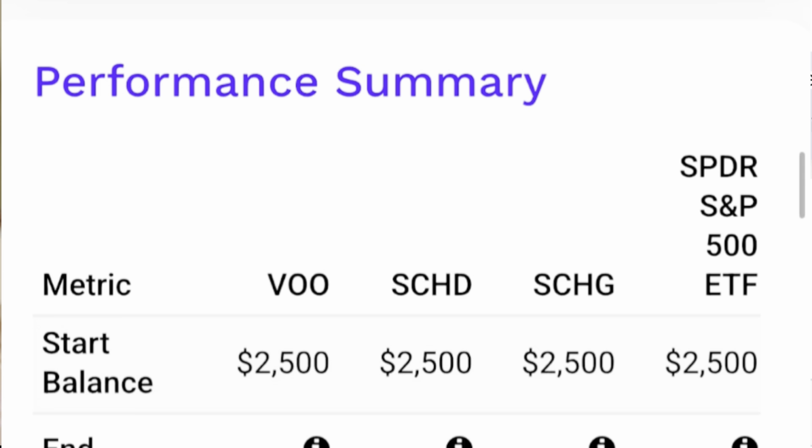And a third person says, okay, I don't want to invest in VOO or SCHD, I want more growth, even though more risk, but more growth. So let's say one person invested in VOO, another in SCHD, and another in SCHG. Now we're going to see the outcome of three funds.